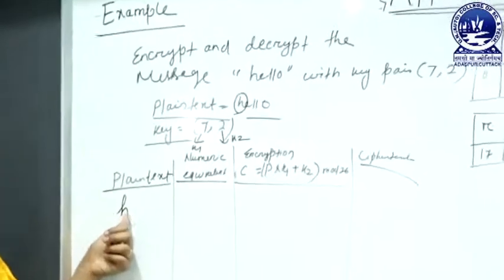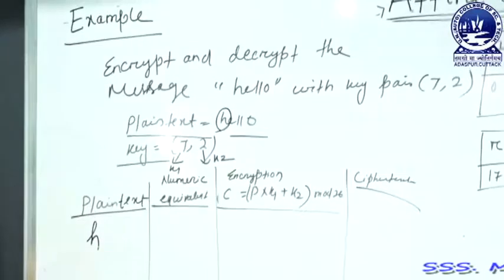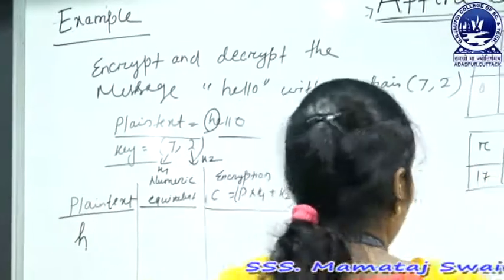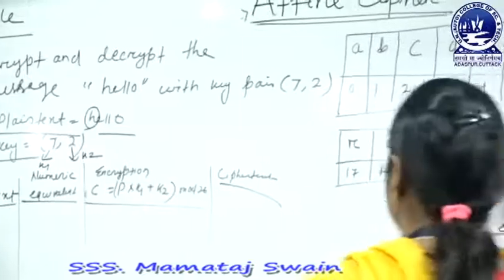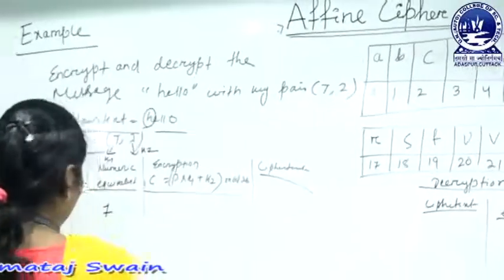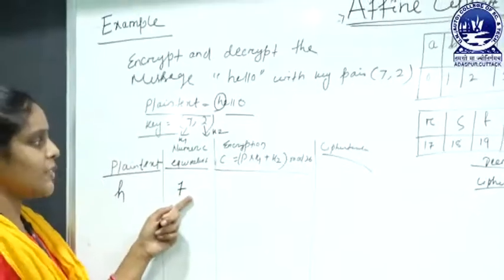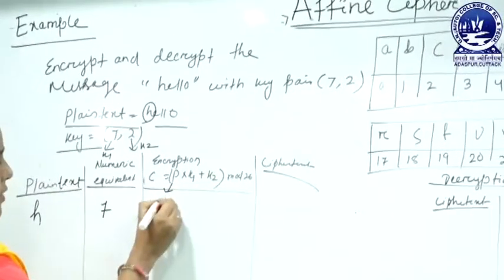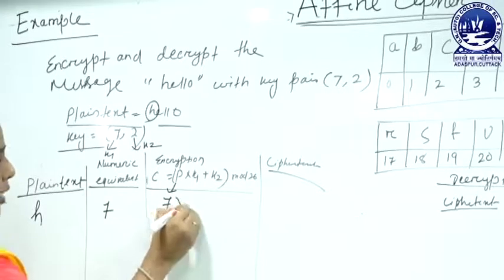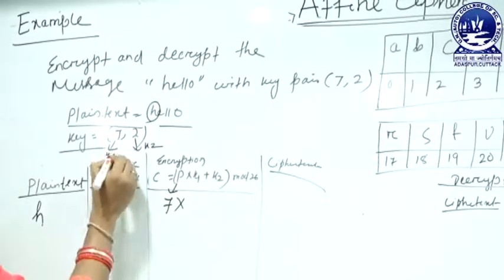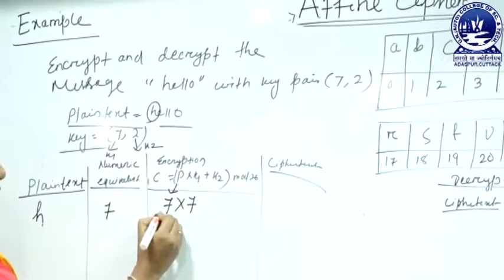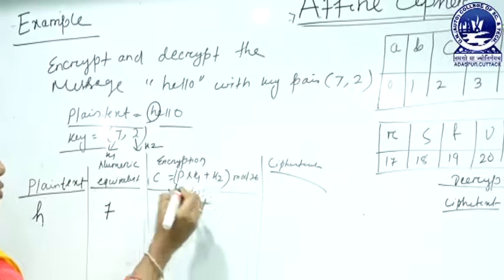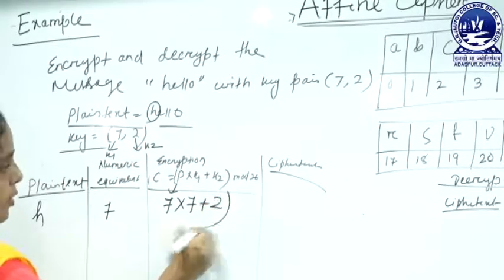Now we find out its numeric equivalent. From this table, the numeric equivalent of H is 7. Now we put this 7 in our encryption algorithm. Here the P value is 7, that is 7 into K1. The K1 value is 7, that means 7 into 7 plus K2. K2 means 2.